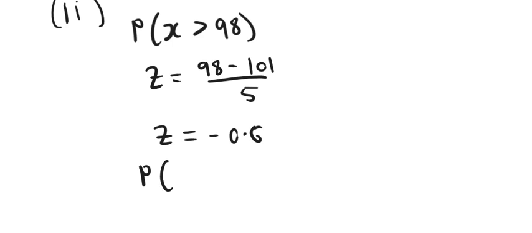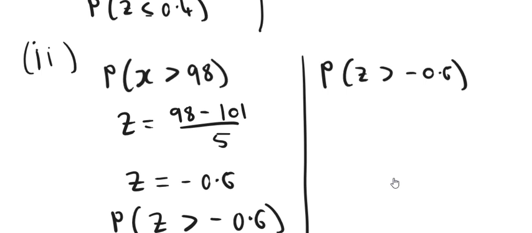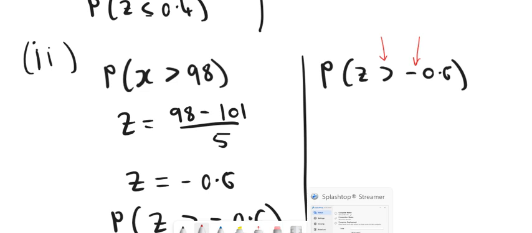We then have to find the probability that z is greater than minus 0.6, because it was greater than 98 that we wanted. So remember when I said before that if it was a greater than sign, which we have here, or if it was a minus sign in it, which we have here as well, you would do 1 minus.